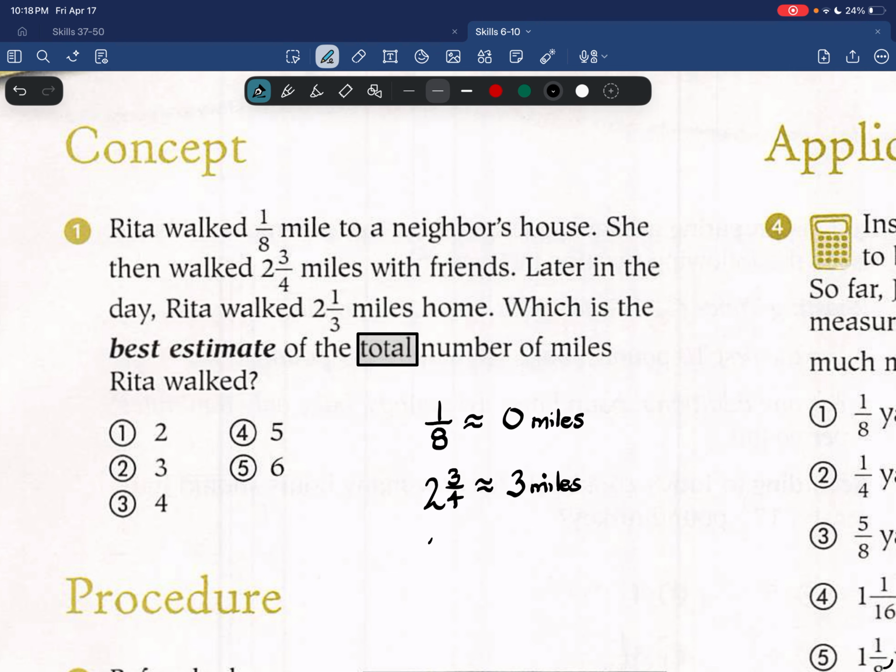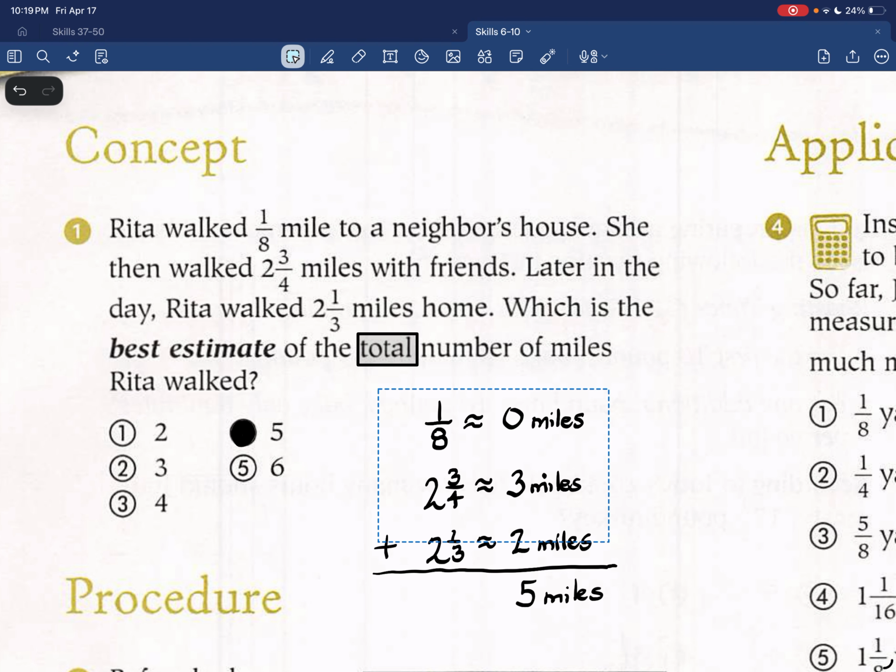And then 2 1/3, that third is less than half, so I'm just going to leave this one at 2 miles. It's not enough to round it up to 3 because it's less than half of a mile. And we know that we have to total these. So I would say approximately 5 miles. So I like answer 4.